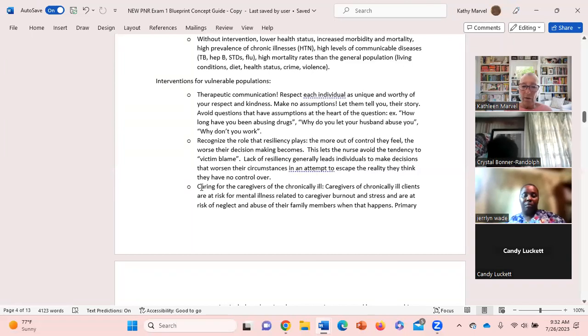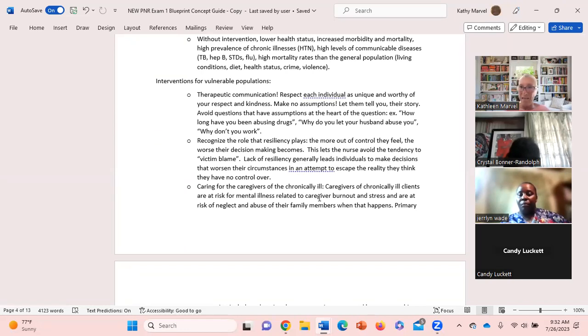And don't forget caring for the caregivers. Think about it. We can't forget about the caregivers, whether it's in a facility or in the home. Let's do the home since we're talking community health. Think about the caregivers in the homes caring for chronically ill family members, right? Or hospice. They are at risk for mental illness, whether it's burnout, stress.